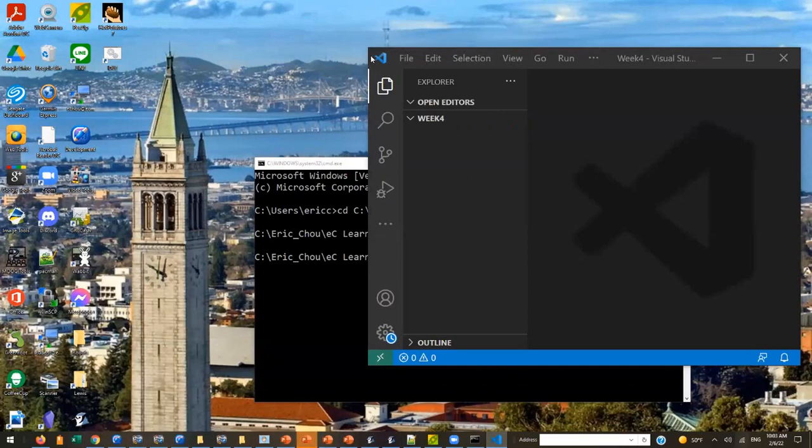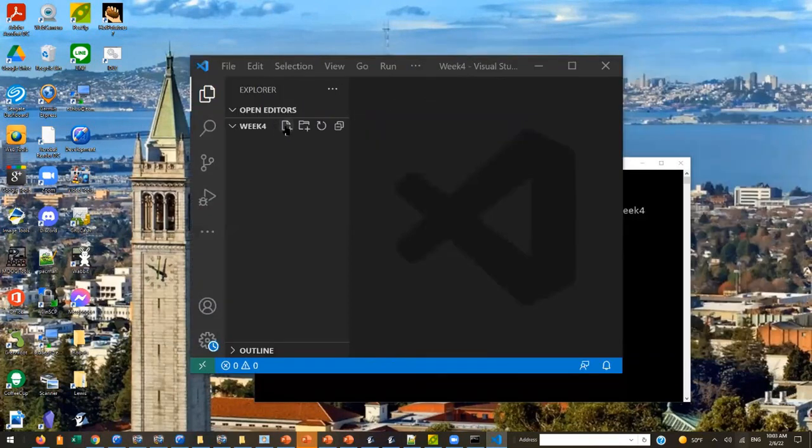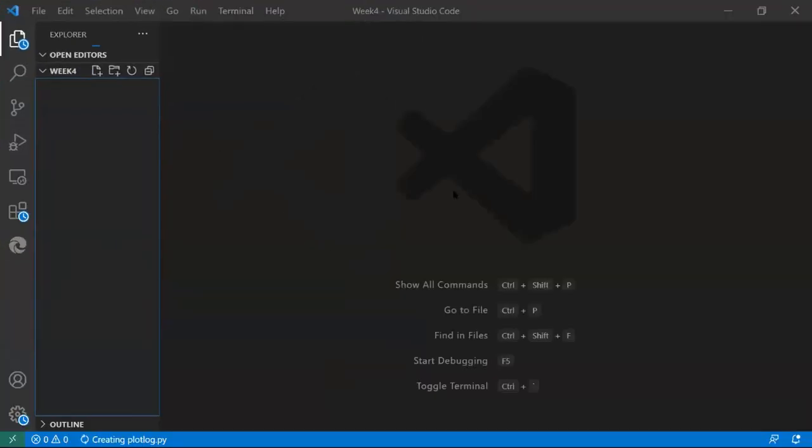Let's try this one. Let's call it plot log. So plotting the log chart.